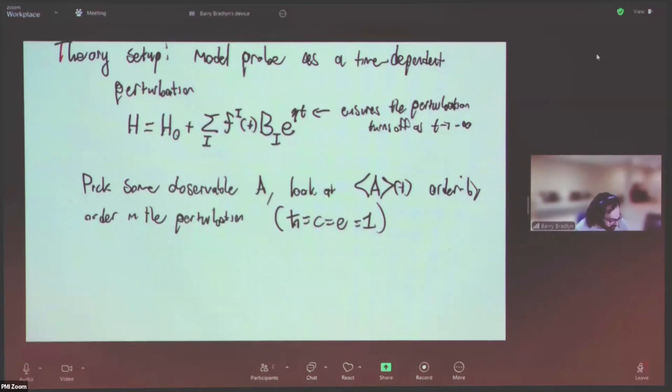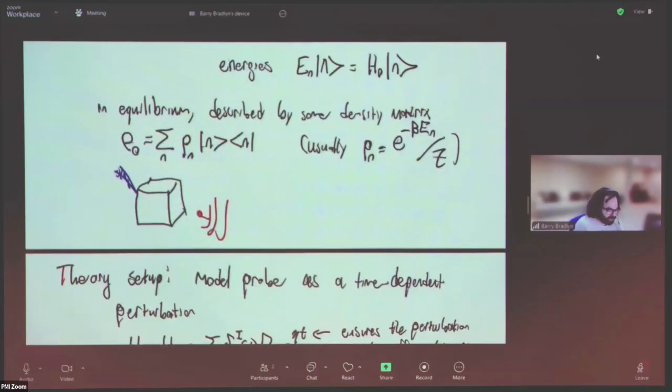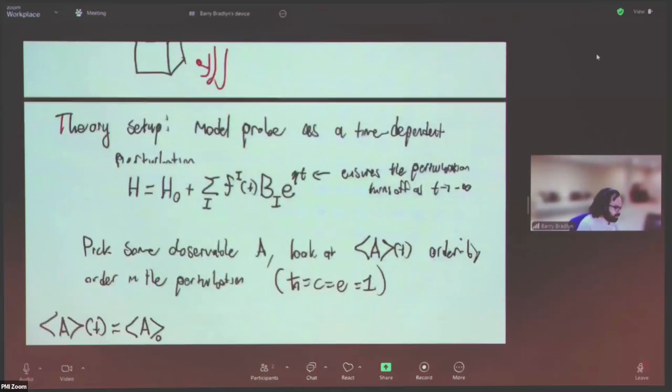Okay. So let's take this average, A of t, and just write down a phenomenological expansion of what it could possibly look like, order by order, in our perturbing fields. Well, at 0th order, we just have the equilibrium average evaluated with our equilibrium density matrix.